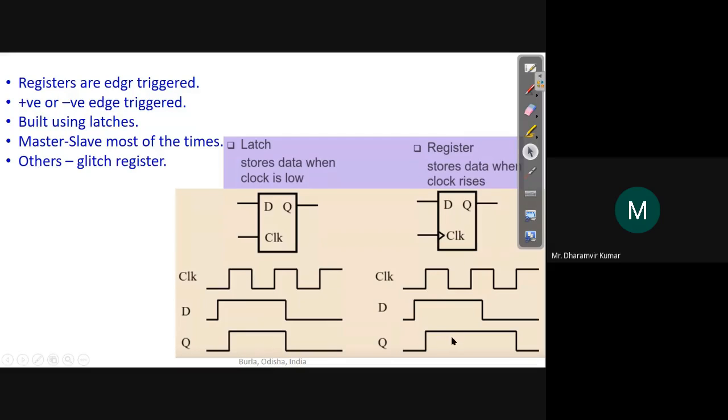We can very well look at here. This tells us that we cannot interchange latch with the register or with the flip flop. You cannot use a latch in place of a flip flop and vice versa. So whenever you design a digital system, take care of this, whether you need a latch or a register for a particular circuit.